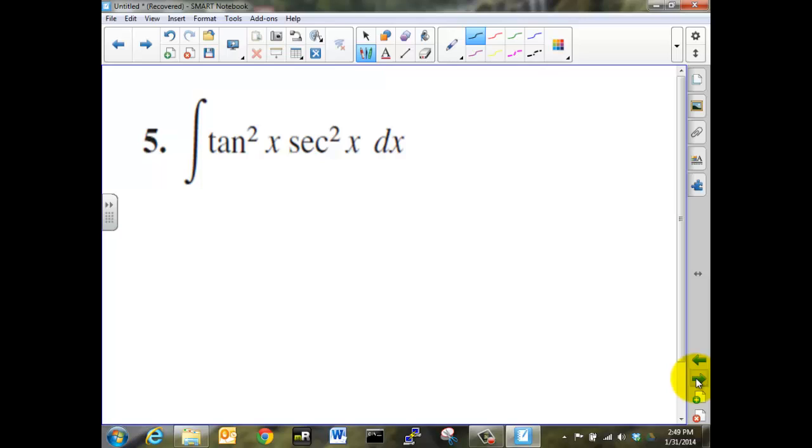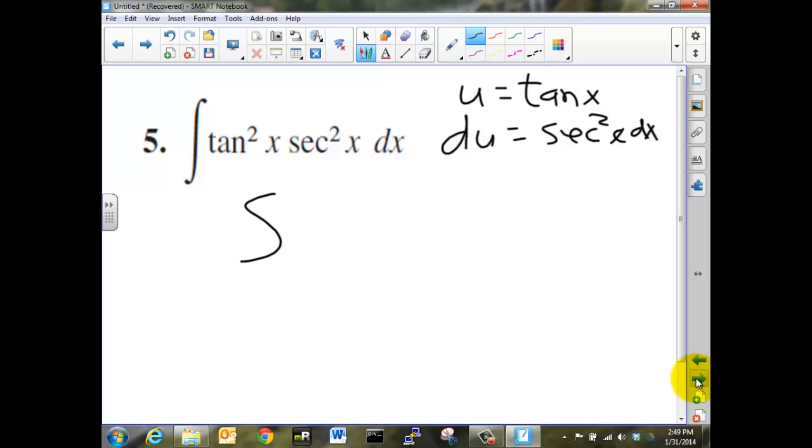Both of them have the same power. The derivative of tan is secant squared. Let u be the tan x. Then du is the derivative of tan, sec squared x dx.